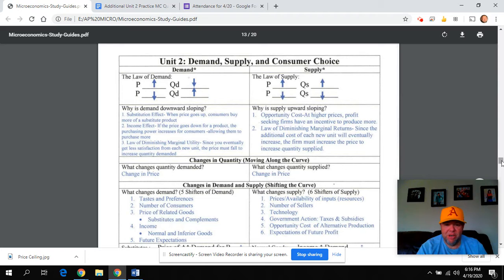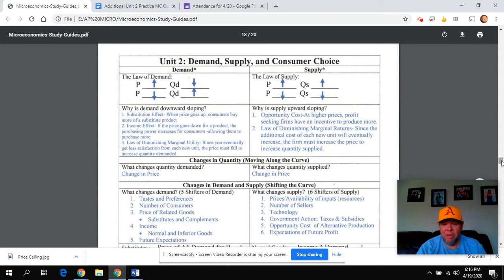And then the law of diminishing marginal utility: every time you buy something, you get less satisfaction from it. So the only way you'll keep buying more of it is if the price drops to match your decreasing satisfaction. Because remember, maximizing your utility, you should only buy something if the utility you're getting from it is higher than or equal to what you're paying for it.